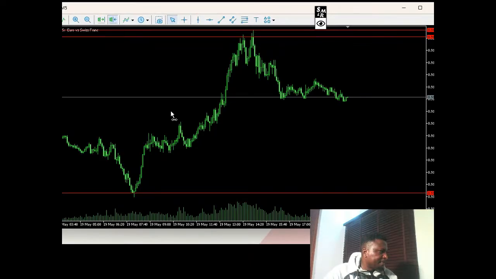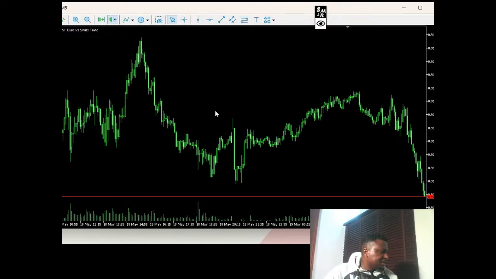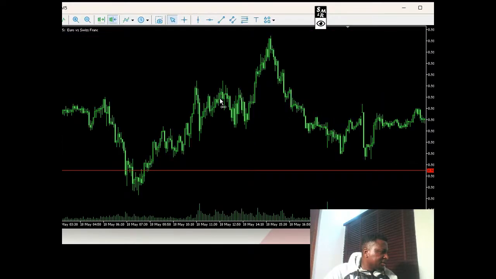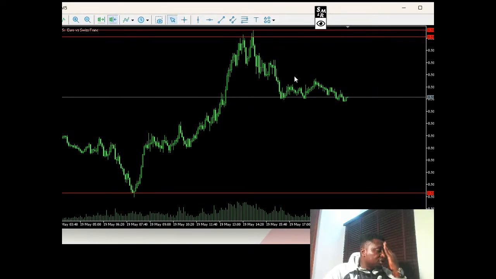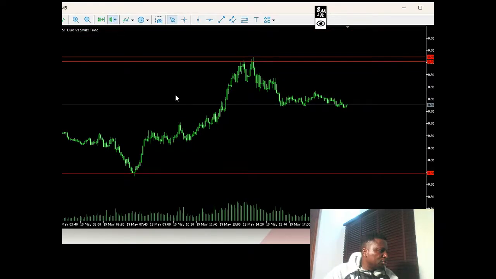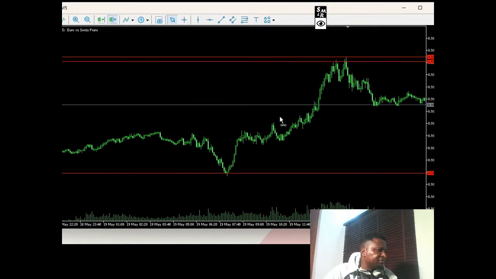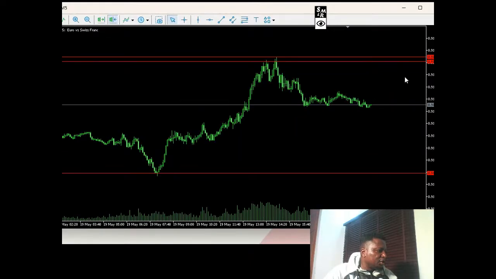I'm not seeing another one. So most likely this price is going to drop until it finds another key level before it will go up.